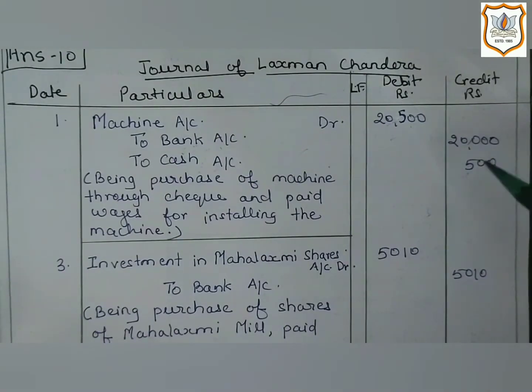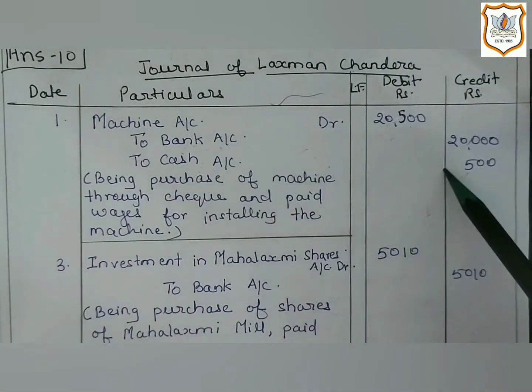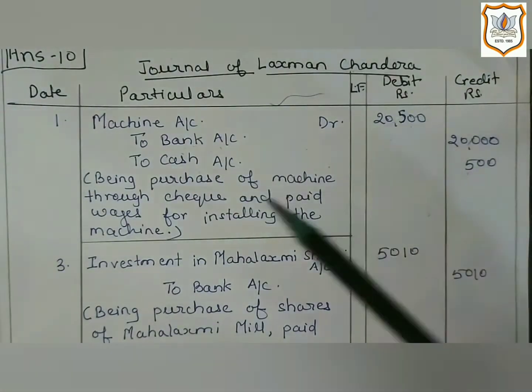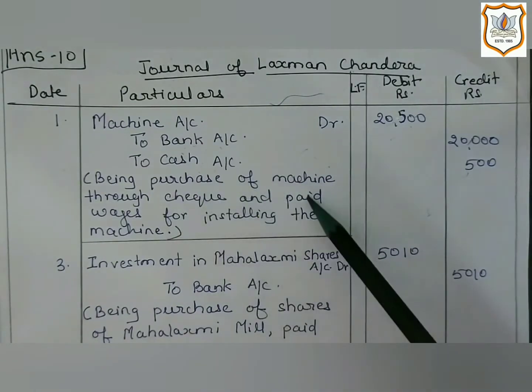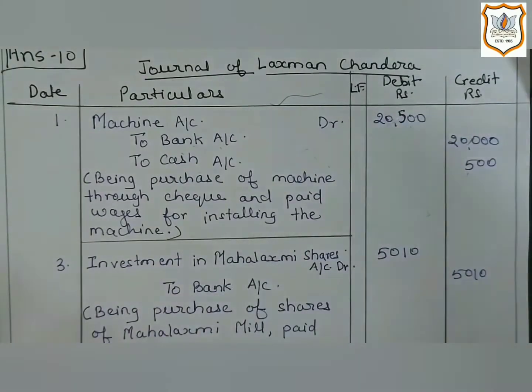We do not use check for paying rupees 500. That's why here cash account will be credited instead of bank account. And here we will write the narration: being purchase of machine through check and paid wages for installing the machine.